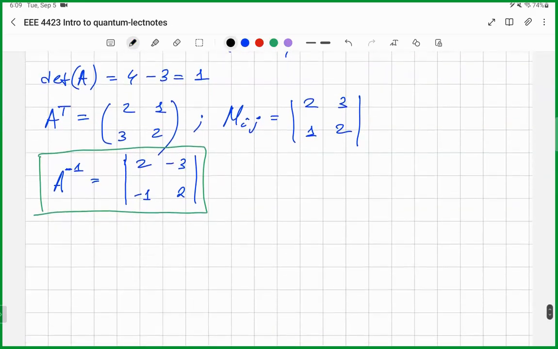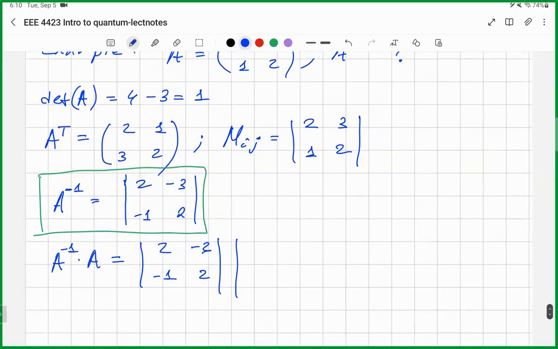And of course, let's check that this matrix is inverse. It's enough to take the product of the two, right? So the first matrix is 2, minus 3, minus 1, 2. The second one is 2, 3, 1, 2.